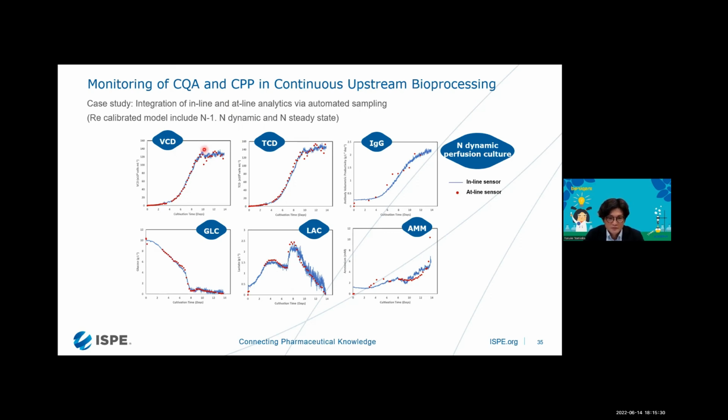From this result, we achieved a good prediction using the Raman spectroscopy system. The blue line shows the result of the Raman spectroscopy, and the red dot shows the result of the online sensor. So in this study, we can achieve a good prediction using the Raman spectroscopy system.